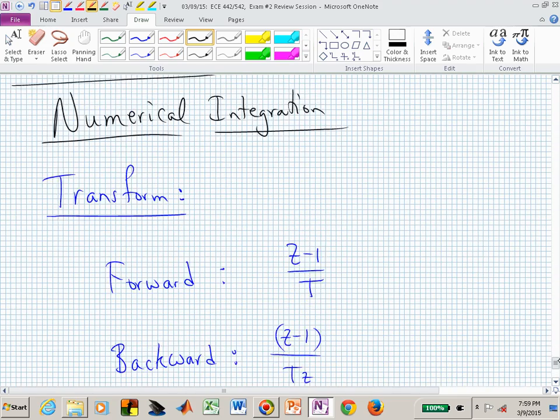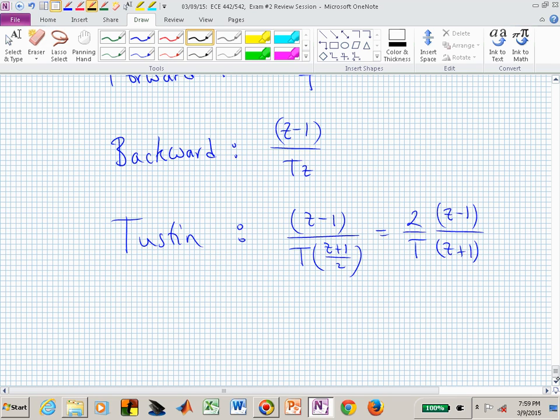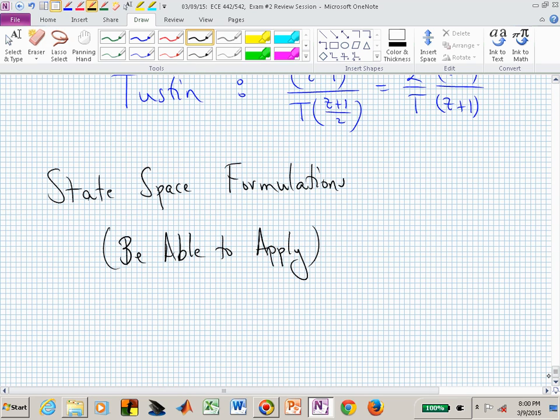Where was I? So we were on the transform approach of numerical integration. If you did the state space formulation, we tried to step our way through that in the last lecture.